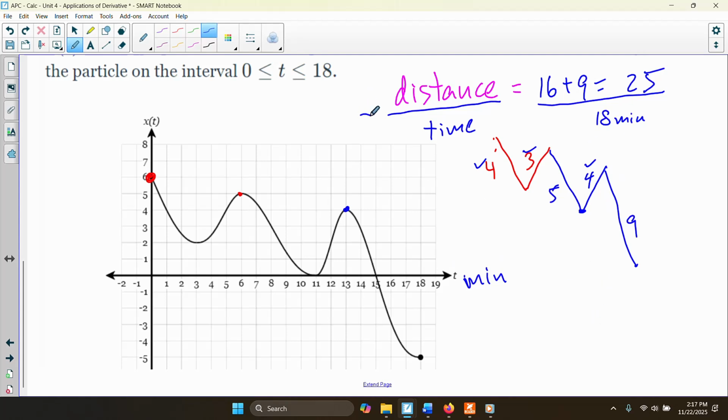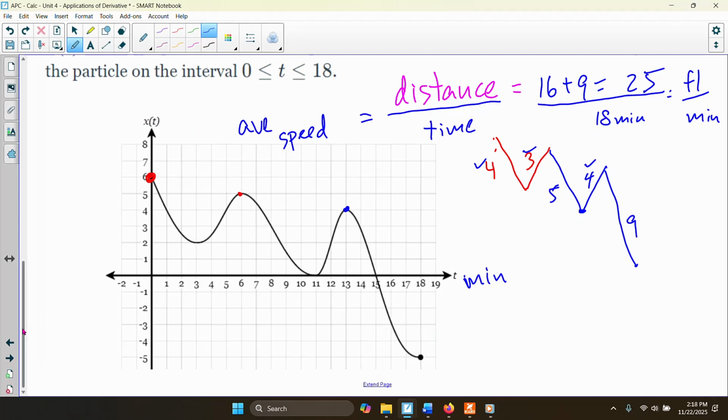So that is my average speed. It's a rate of change. So average speed is 25 divided by 18, and just leave it that way. And the units here are floors per minute, or meters per second, or whatever the units are.